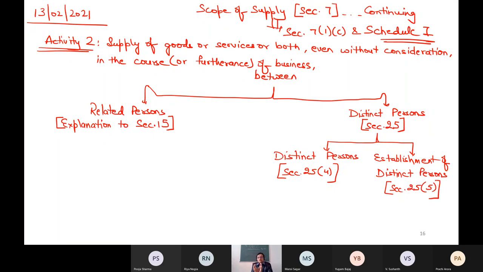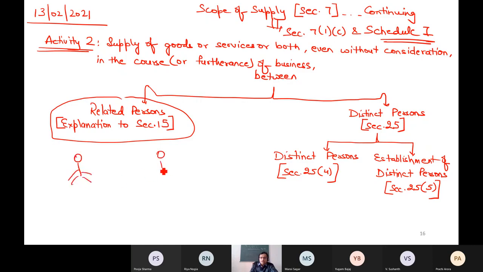I hope this structure is clear to you. Now, what is my first job? My first job is to make sure that you know what related persons are. One thing is sure: if these two are related persons, whatever is supplied, even if the other person has not given any consideration, but it is in the nature of business, then you cannot say that it is not a supply.